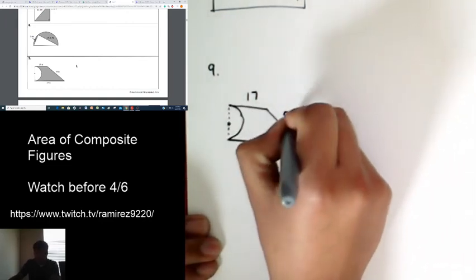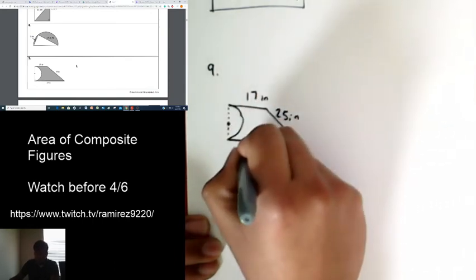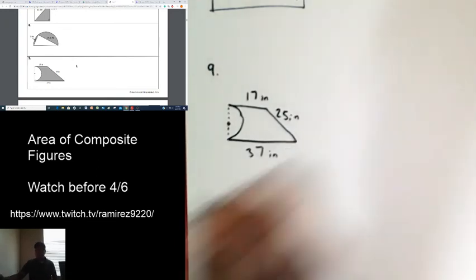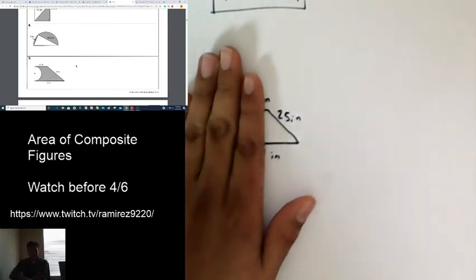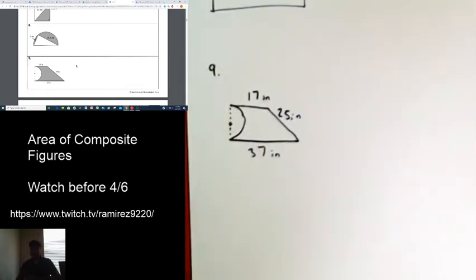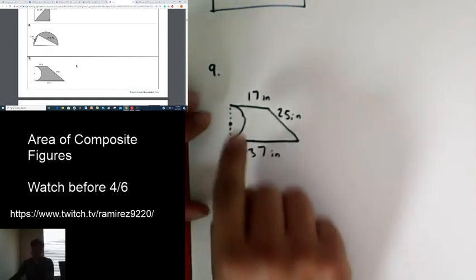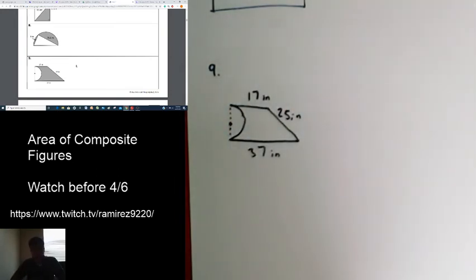You know this is 25. And actually, it just depends on how you see it. When I first saw this, I'm not gonna lie, I first saw a triangle, a rectangle, and a circle. I saw 3 different shapes. But if I think about it, if I just ignore this piece, this is a trapezoid.